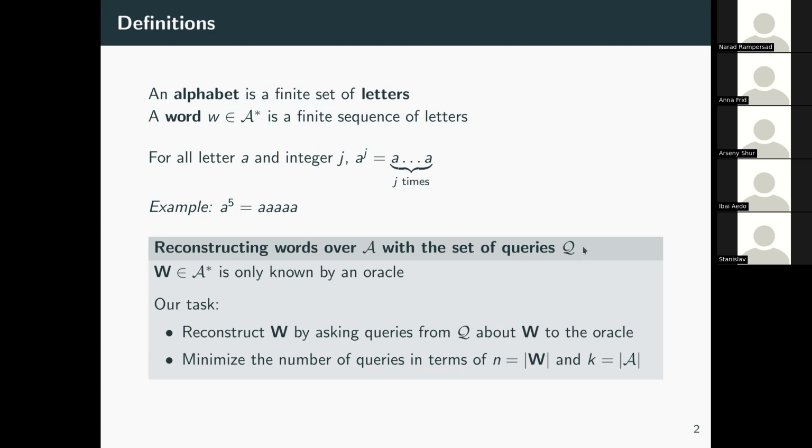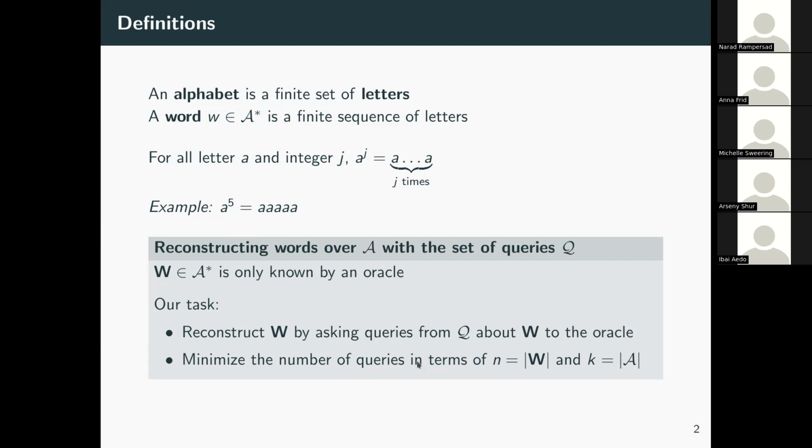I need to choose my queries amongst this set Q of queries. My task is to try to guess the word W, to reconstruct it, by only asking queries from this set Q, and using the answers from the oracle. Obviously the goal is to minimize the number of queries that I'm doing.